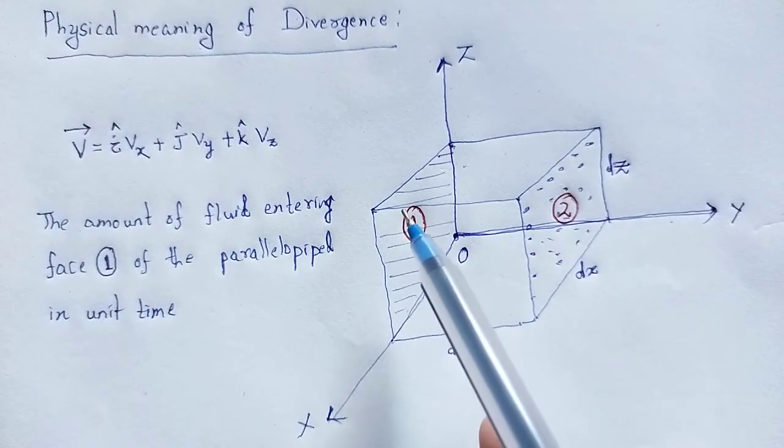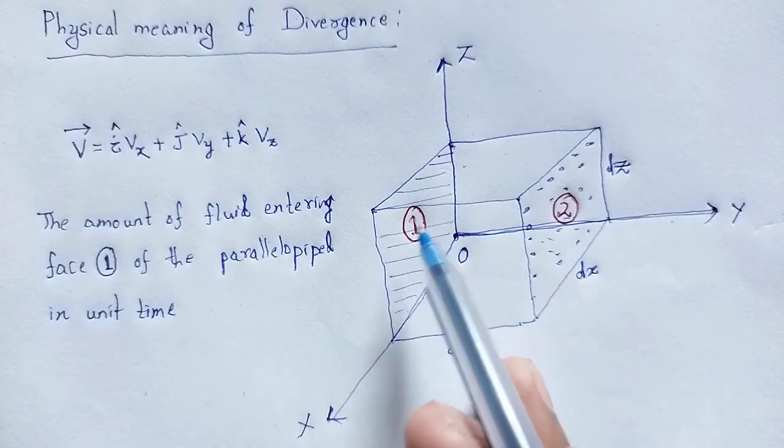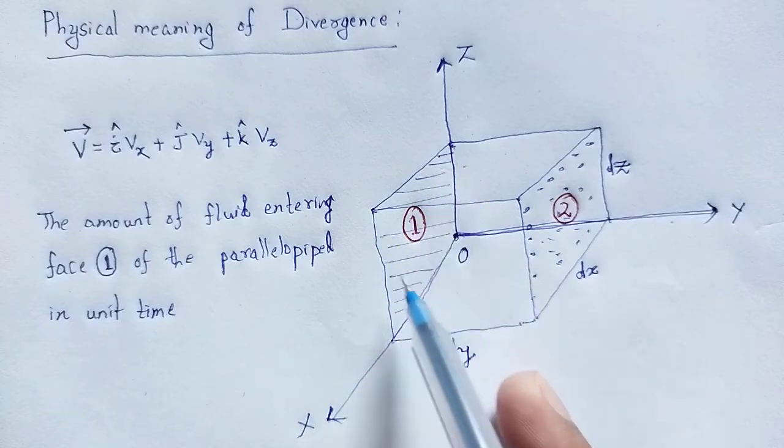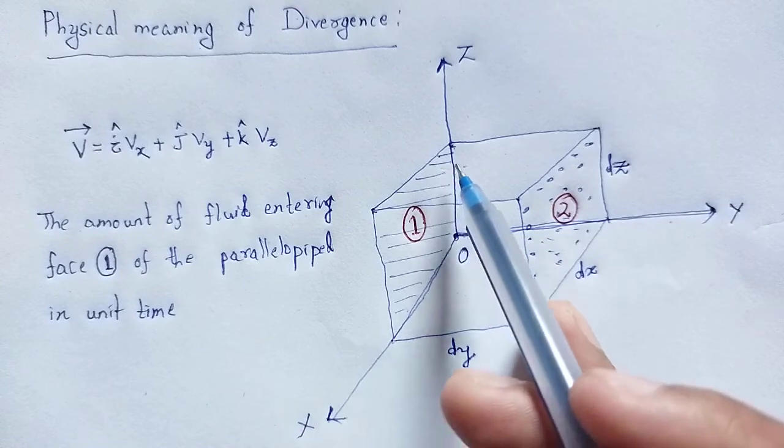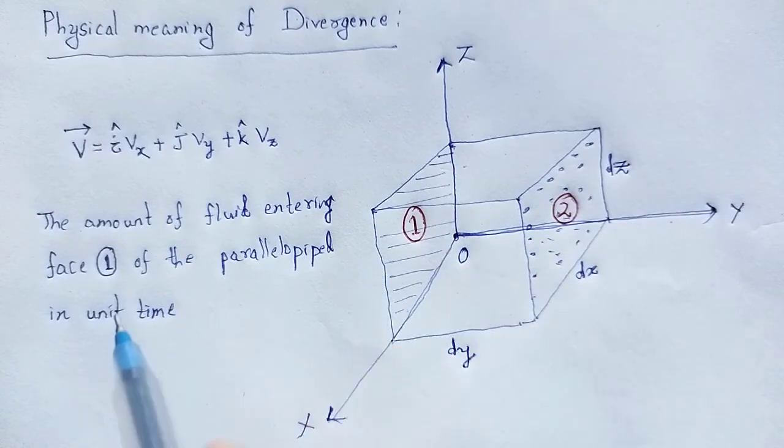What is the amount of fluid entering through face 1 of the parallelepiped in unit time?